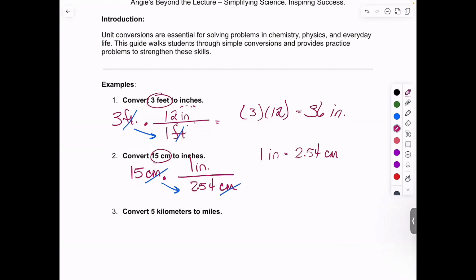When I remove the centimeters by canceling them, or we call that cross canceling, we do it with fractions as well in math. We have 15 over 2.54. And that should leave us, if I take 15 divided by 2.54, I get 5.9.